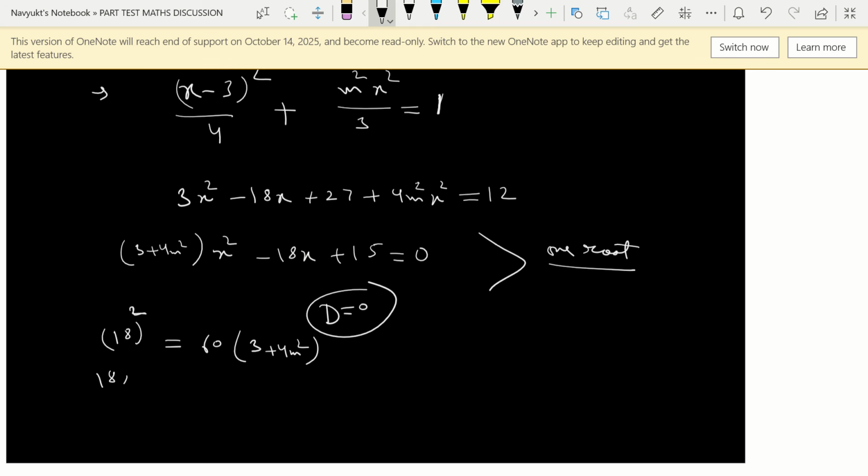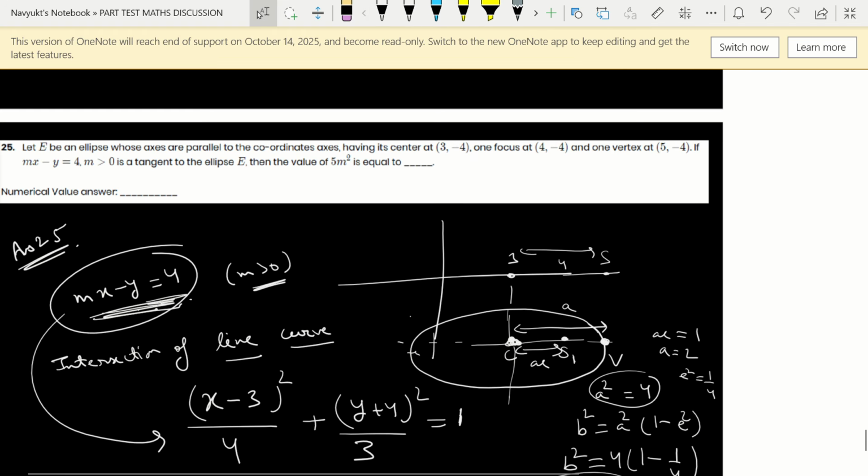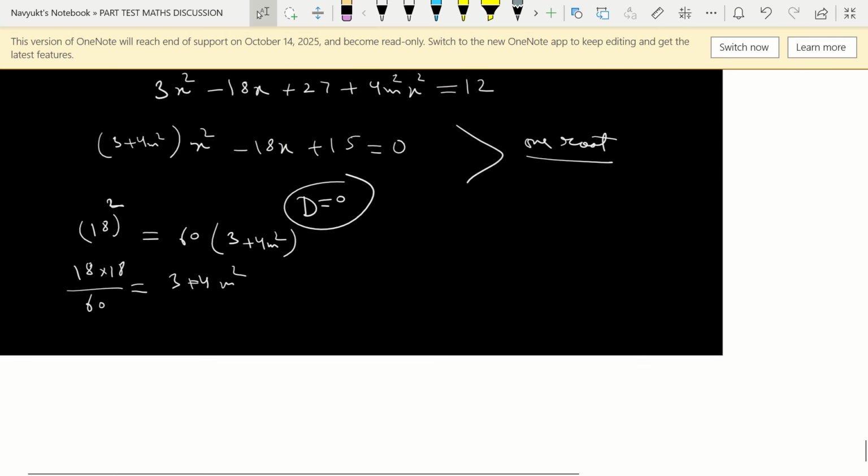We can simply solve this. What do we need to find? The value of 5m square. Okay, fine.